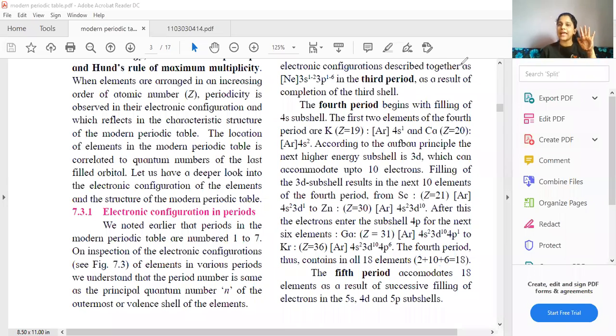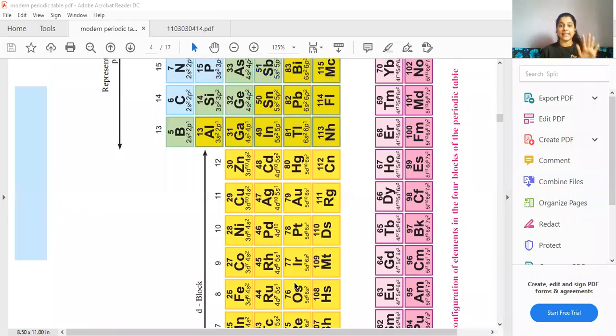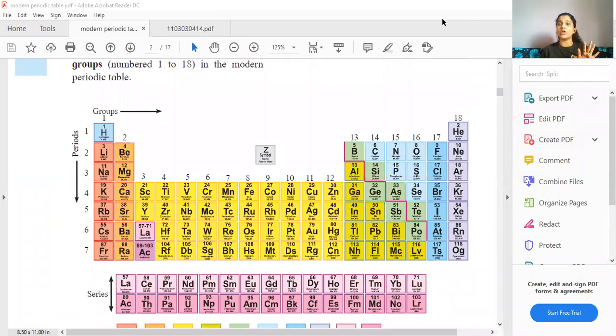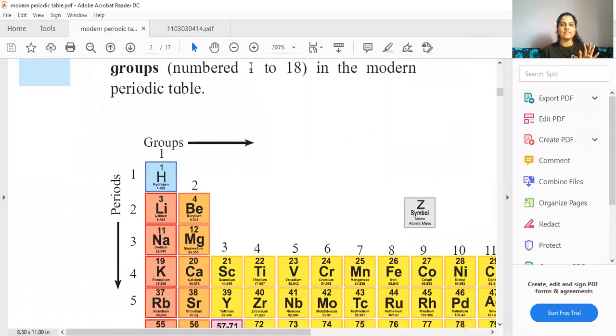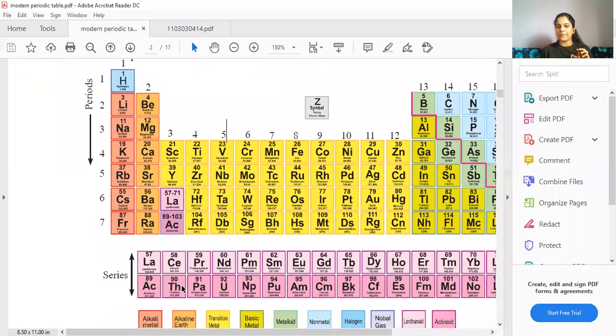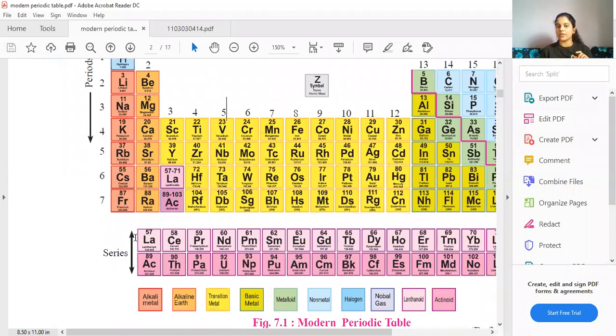Okay. So if I apply the same concept on the sixth period, now see students, please be careful, because in your sixth period we also have something called, you all can see the sixth period over here. After cesium, barium, we have La. So this lanthanum, this is a range, students. You all remember one separate series we have below the periodic table. So in the sixth period we have the lanthanoid series, and in the seventh period we have the actinoid series, which have been placed separately.